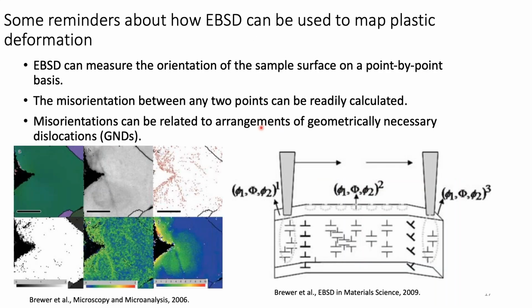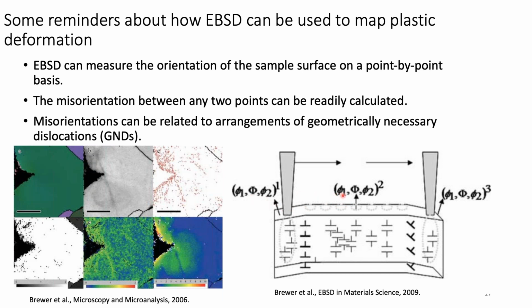Okay, I do want to stop and hit the rewind button for a minute, and let's talk a little bit, in case you're not familiar, about how EBSD can be used to map plastic deformation. So we have this little cartoon that I drew a long time ago, but here we have an electron probe that we can move along the surface of the sample. One of the reasons why we like EBSD is because we can locally measure the orientation of that point on the surface.